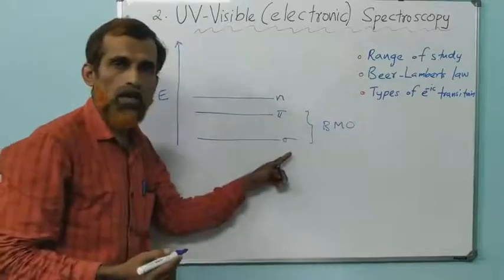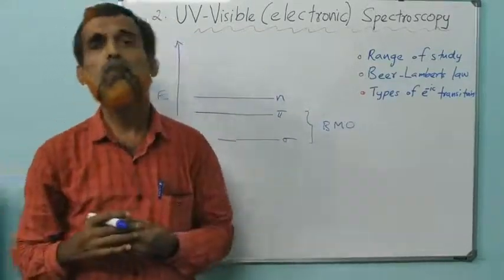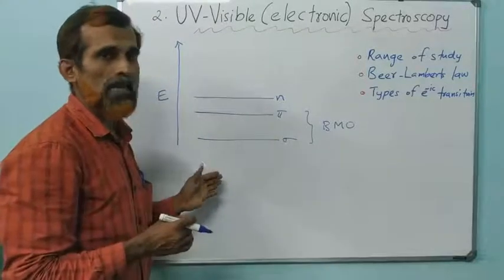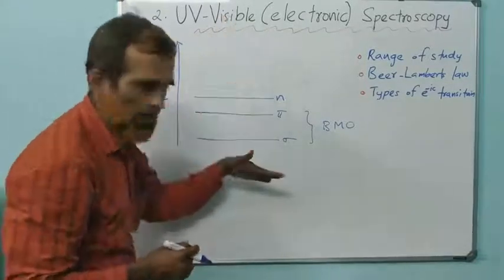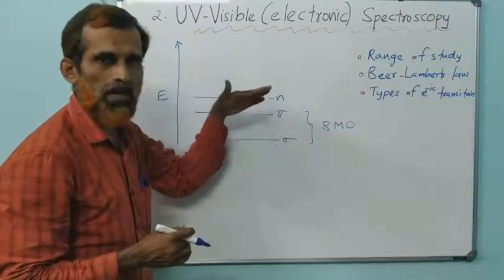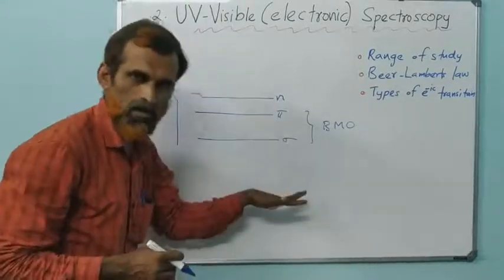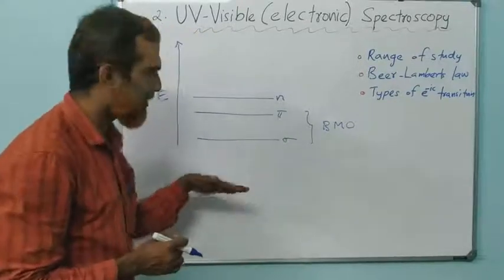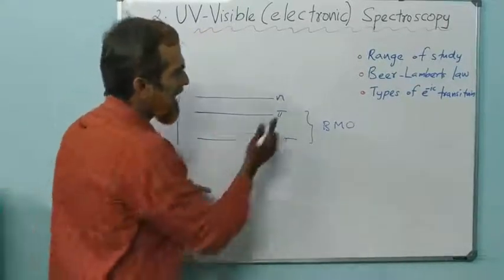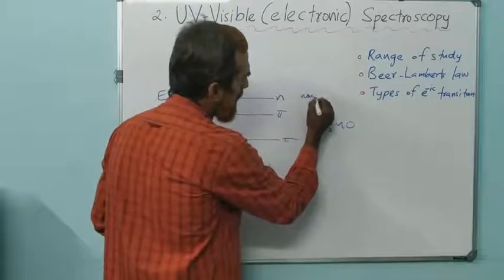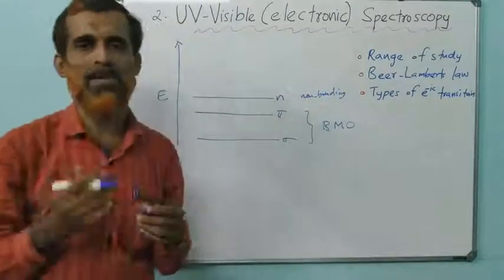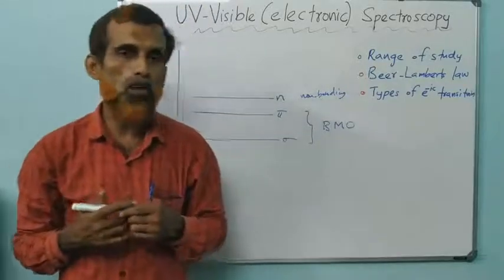When you discuss the MOT, you might have drawn the molecular orbital energy level diagrams, like sigma 1, sigma star, pi, like that. So it goes like this. Sigma bonding MO has the lowest energy, most stable. Then pi. What is N? N is non-bonding. In some molecules there are lone pairs which are not part of the bonds.